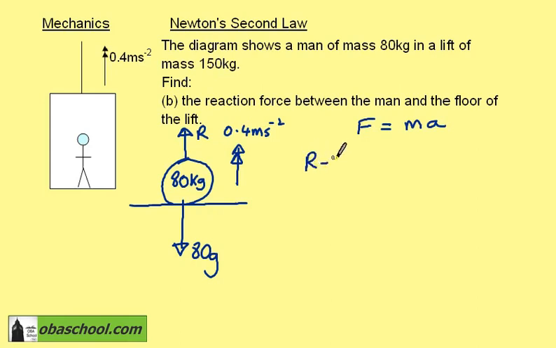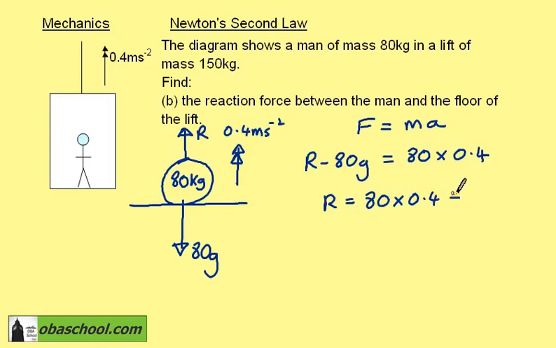So we get R take away 80G is equal to the mass times the acceleration, which is 0.4. We can calculate this, 80 times 0.4 plus 80G, and taking G equal to 9.8, we get 816 newtons.